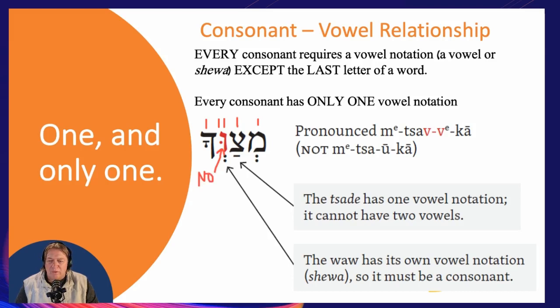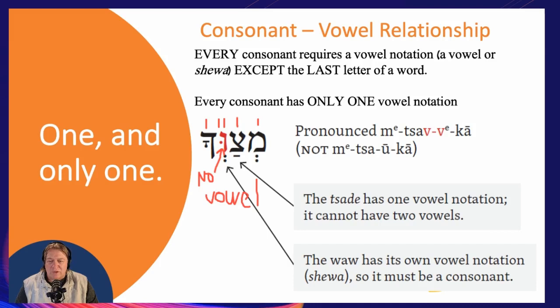And the reason we know that is it has a shwa underneath it. That's telling us there isn't a vowel on this consonant, so it's not a vowel.